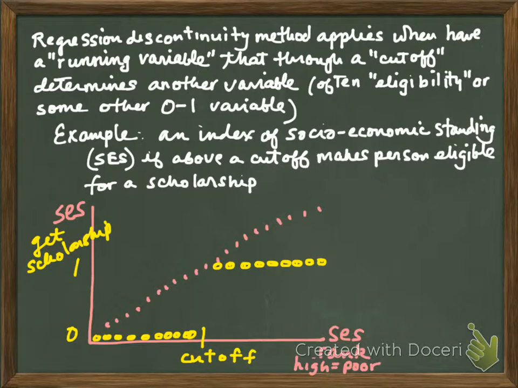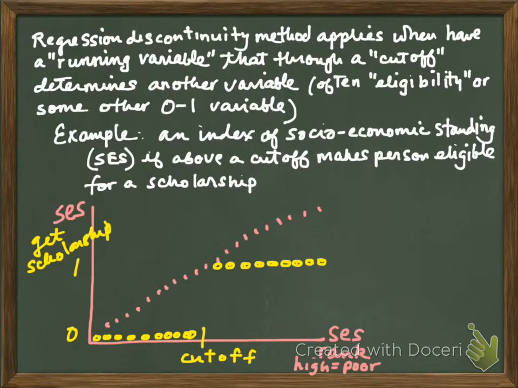The regression discontinuity method applies when we have what we were going to call a running variable that, through a cutoff, determines another variable, which is often an eligibility variable or some other 0, 1 variable. And we can have a simple example. We may have an index of socioeconomic standing, commonly called SES, and this index may be greater the poorer that you are.